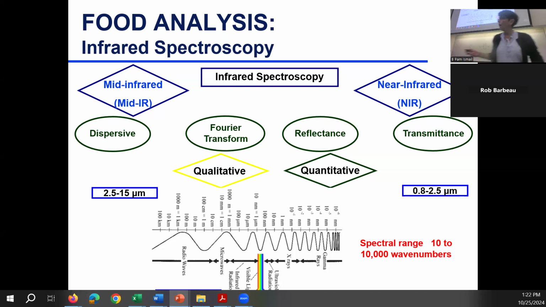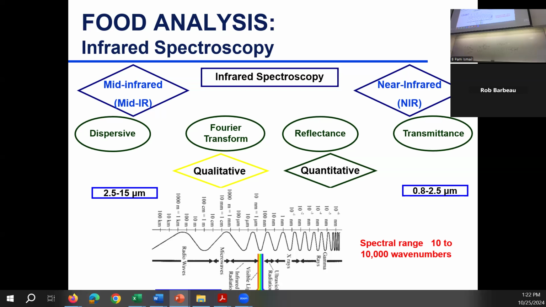And then the way the interaction with light and the determination of whether it's qualitative or quantitative is based on dispersive, where the light gets dispersed and you have a monochromator, or transmittance, measuring the transmitted light, or measuring reflectance of light, or using all the light that reaches the sample and gets to the detector, and you get a spectrum.